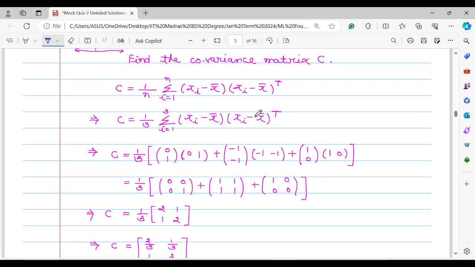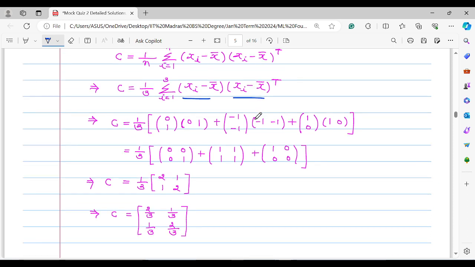If we expand this formula from i equal to 1 to 3, we have to simplify this equation for 3 vectors. We calculated it and got the covariance matrix as 2 by 3, 1 by 3, 1 by 3, 2 by 3.